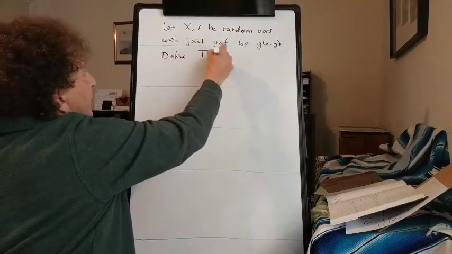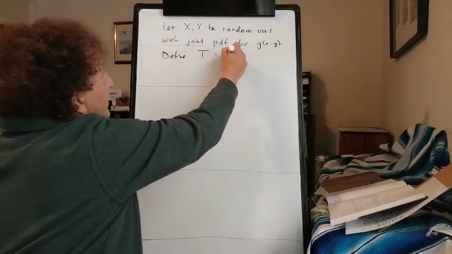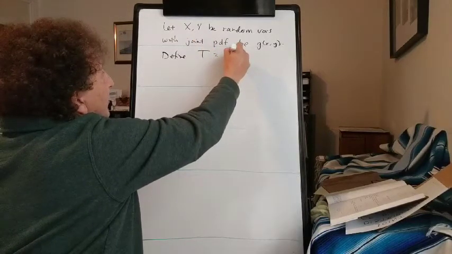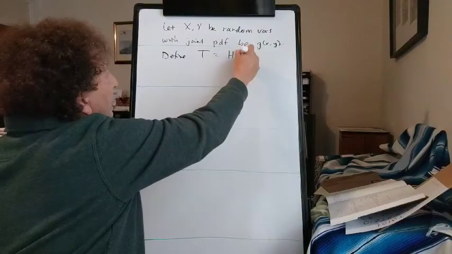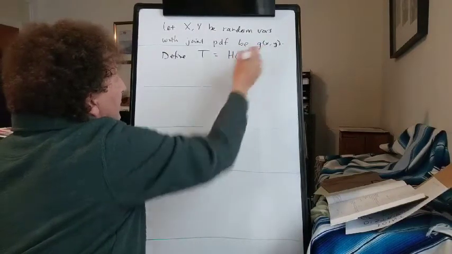Let's define this third random variable, t, to be some function of x and y.